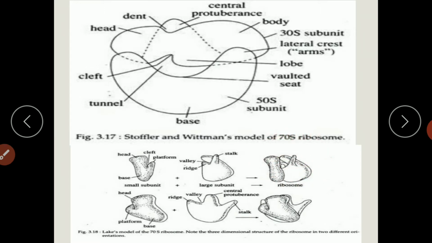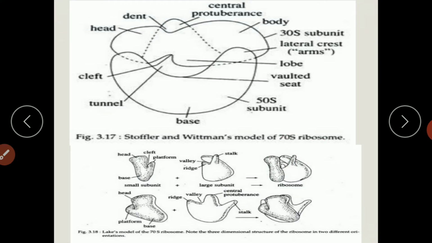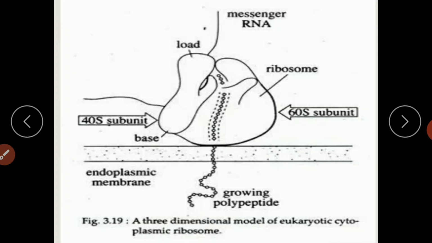This is the head, then the cleft, then this is the stalk of the larger subunit, this is the valley ridge, and here is the three-dimensional structure. Again you can see the narrow cleft present here for the sitting of RNA molecules. So these are two different models of the 70S ribosome.